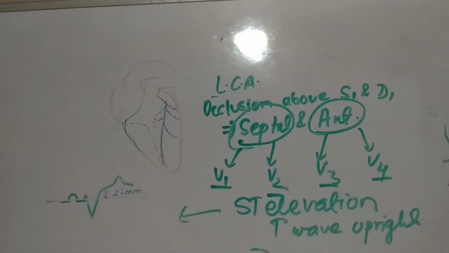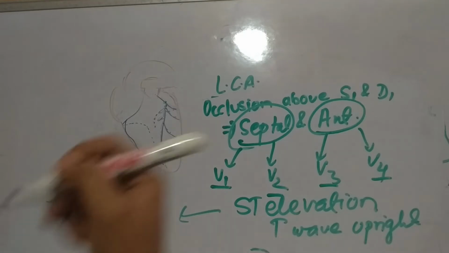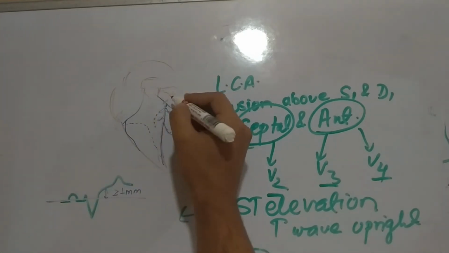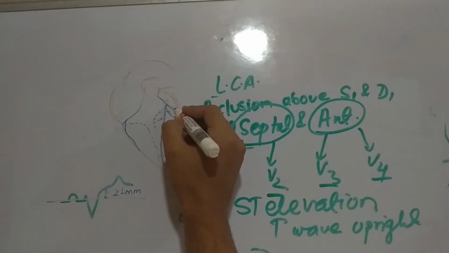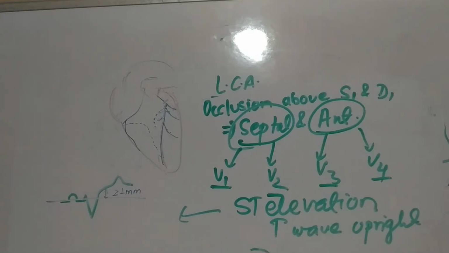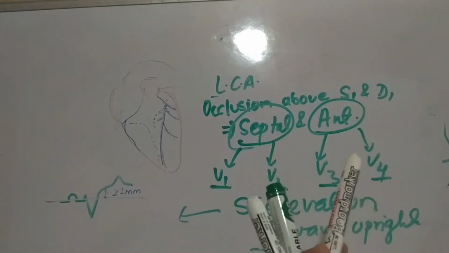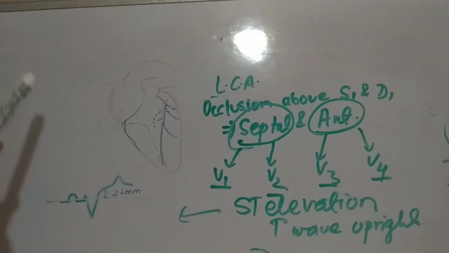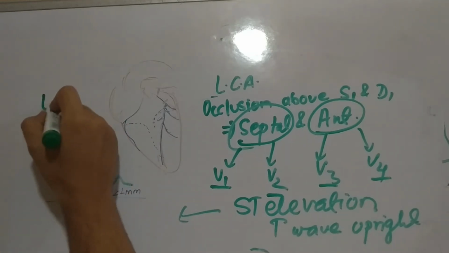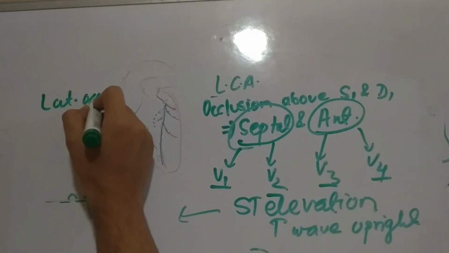However, when suppose the block is right here, a little bit above the bifurcation from the left circumflex artery, above S1 and D1 but a little bit higher, then there can be a certain degree of lateral occlusion also.